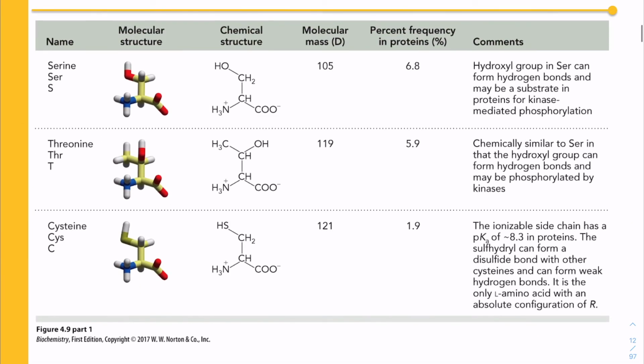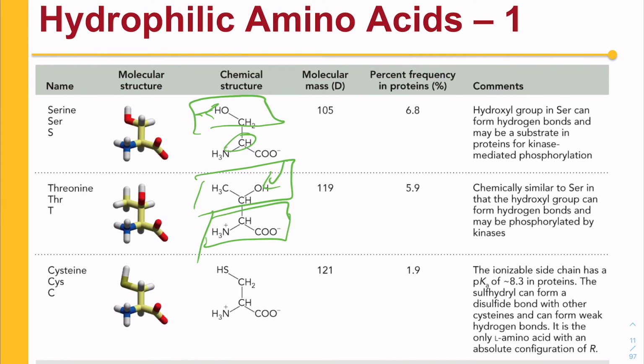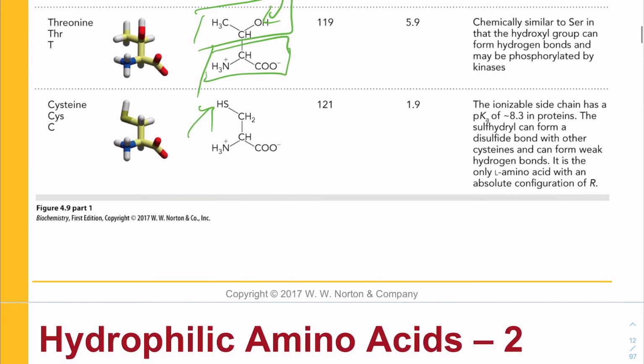For the polar amino acids, the hydrophilic amino acids, again, alpha carbon here, you have serine, which has a hydroxyl at the end that makes it polar, and this is the R group here. Threonine, which has another hydroxyl that makes it polar. Cysteine, that has a sulfhydryl group that makes it polar.